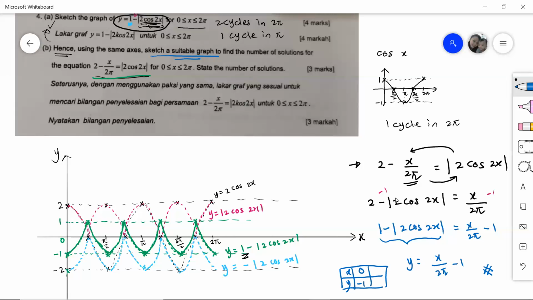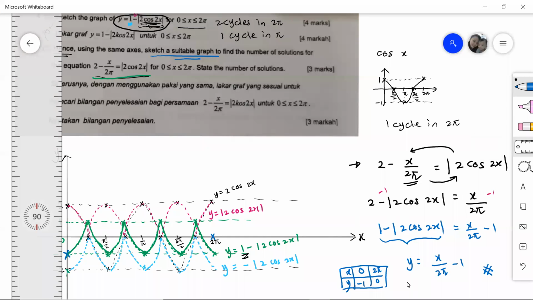When x is 2 pi, replace x with 2 pi here. 2 pi over 2 pi is 1, and 1 minus 1 gets 0. So when x is 2 pi, y is 0. Plot these 2 points: (0, -1), which is here, and (2 pi, 0), which is here. Use a ruler and join them.